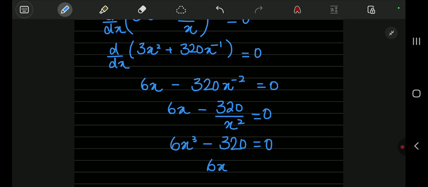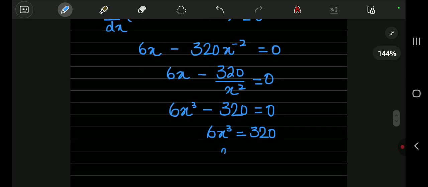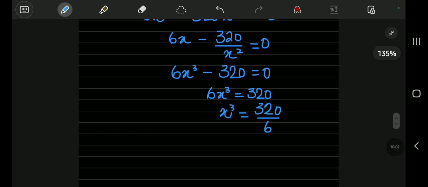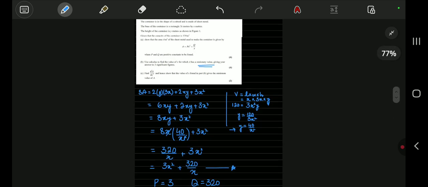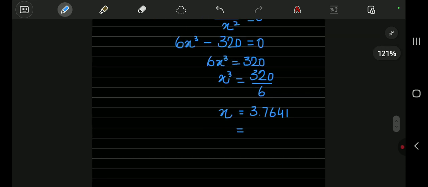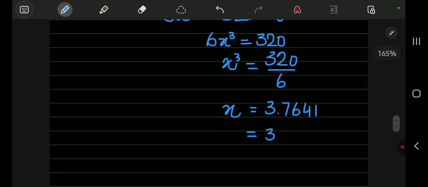So 6x cube equals 320, x cube equals 320 over 6, and that will give you 53 point something, and then when you cube root both sides you will get x equals 3.7641, which will round to three significant figures as 3.76. Okay, so this is your x value.